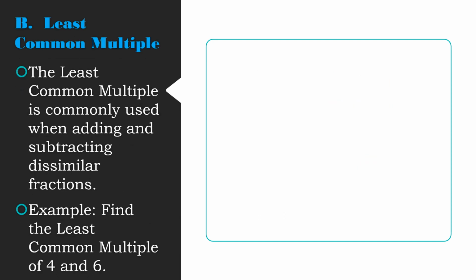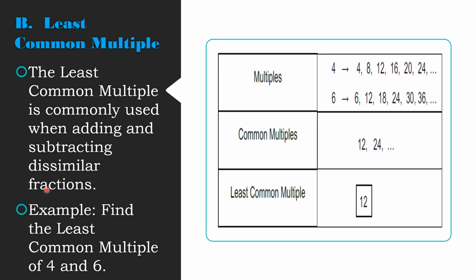Second, you need to know how to find the least common multiple. It is commonly used when adding and subtracting dissimilar fractions. Example, find the least common multiple of 4 and 6. You need to list the multiples of 4 and 6. The multiples of 4 are 4, 8, 12, 16, 20, 24, and so on.